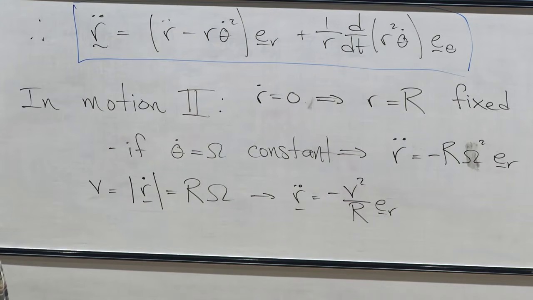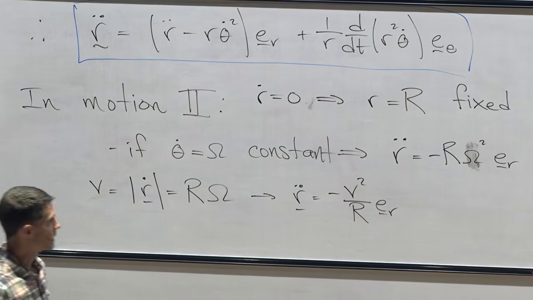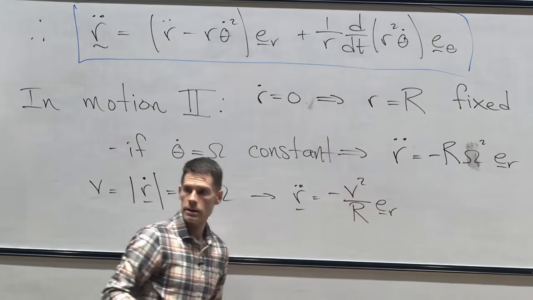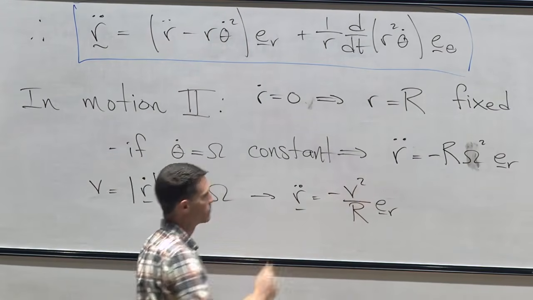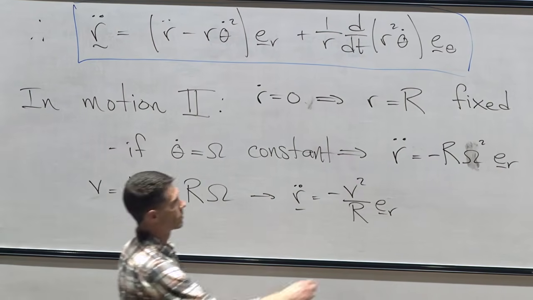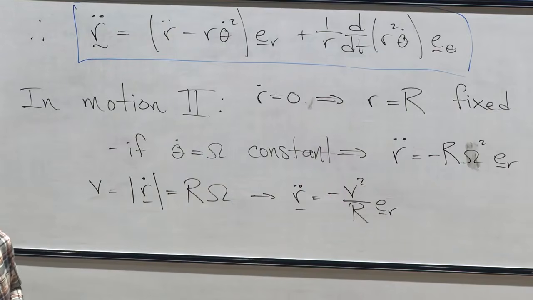What is that saying? It's saying if I'm moving around in a circle at constant change in angle with a fixed radius, my acceleration is pointing inward and has a magnitude, my speed squared over radius. Or angular velocity squared times the radius.